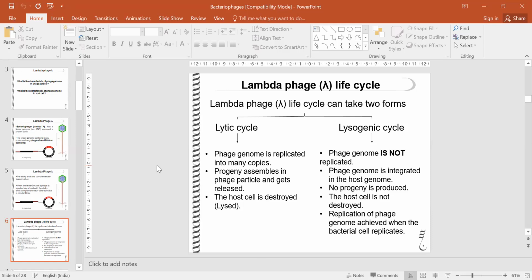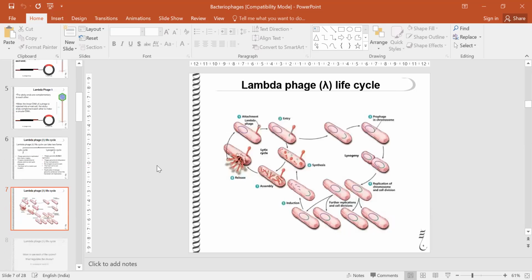They integrate inside the host genome, and because of the integration in the host genome, they are not producing any progeny. The host cell is not destroyed, and replication of the phage genome is achieved when the bacterial cell replicates. For example, if one bacterium divides into two, the whole genome makes one genome into two genomes. At that time, the phage genome is replicated.